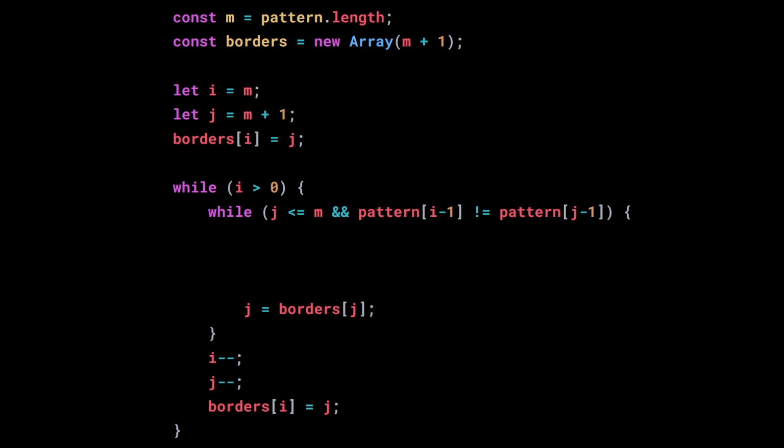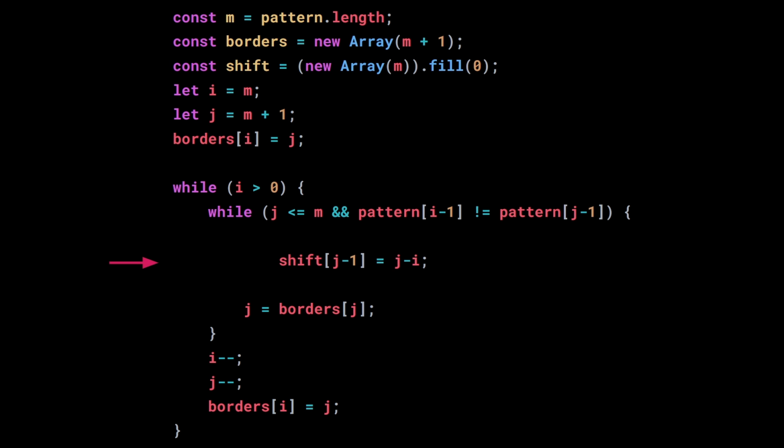If we go back to our code to find borders, we are going to create the array shift of size m, and we will fill it with zeros. When we detect the end of a border, when the characters at position i-1 and j-1 are different, we will store j-i. But we need to be a bit careful here, because we are setting shift of j-1, so j-1 can be negative.